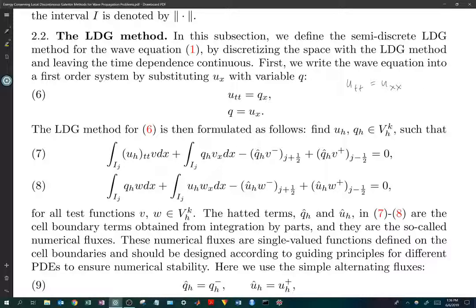I'm pretty sure that for that one in particular, it's not energy conserving, meaning that if you start with a wave, then maybe over time it's supposed to continue to be a wave, but when you do it numerically, at first it starts out as a wave and everything's fine, but then over time it dampens a lot. I think that's what happens when you use the average in particular.